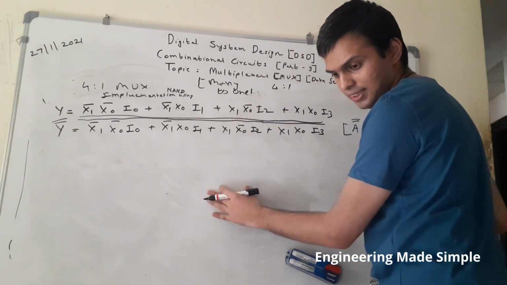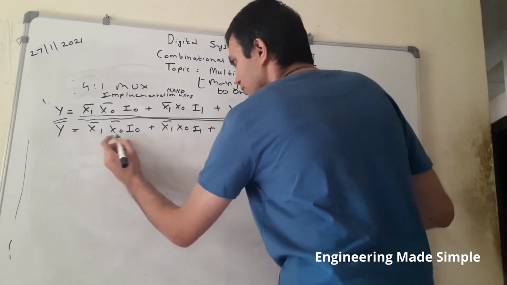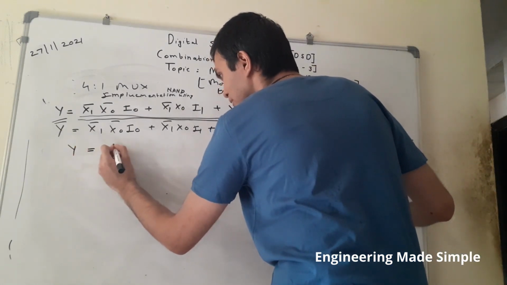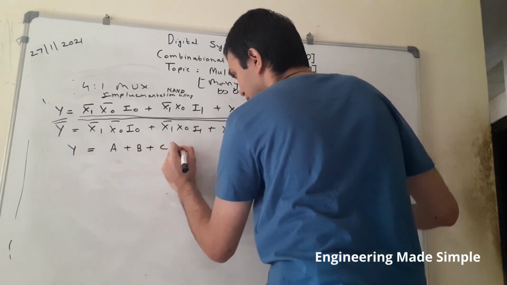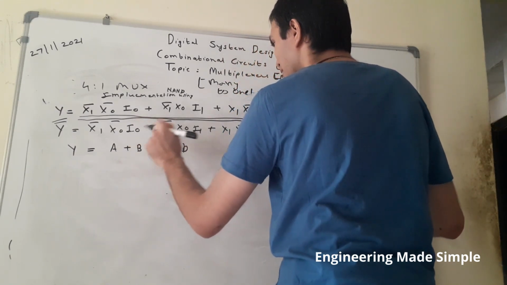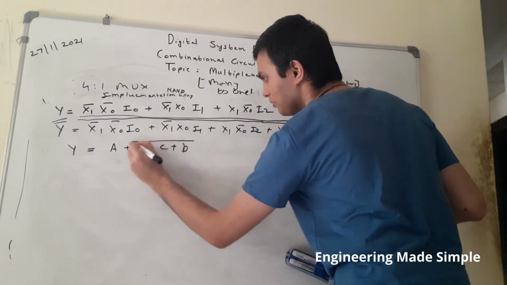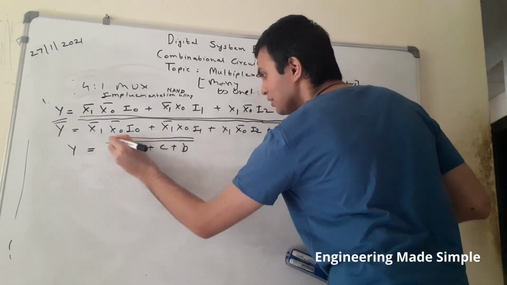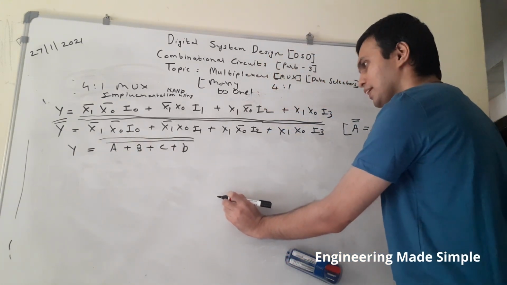Now as you see, this is the particular equation. Now our equation is of the type y is equal to a plus b plus c plus d. So these four terms are a, b, c and d I have written, and its double complement we are going to take. Now remember, there was a theorem known as De Morgan's theorem which we studied earlier.